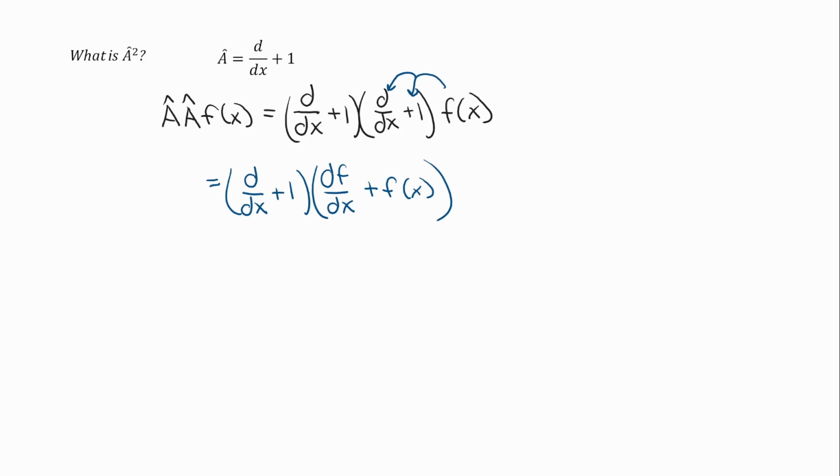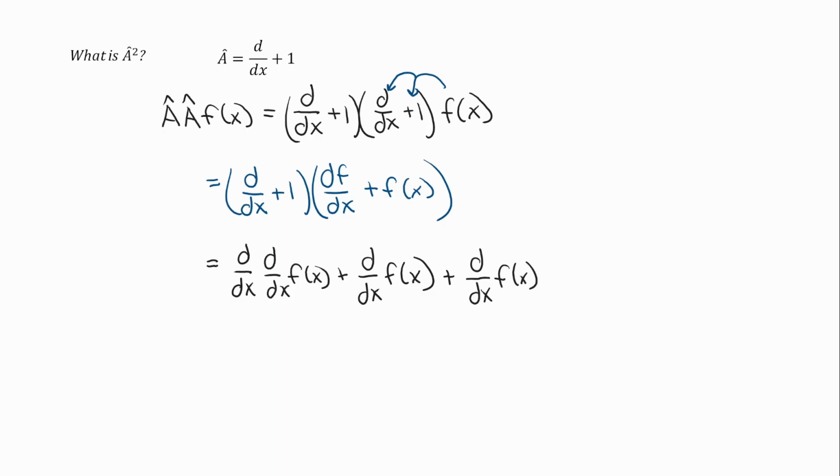Let's not swap around any of our operations. Here we're going to have d over dx times d over dx of f plus d over dx applied on f of x. And now we're going to distribute out our 1, or we're going to get d all over dx applied on f of x plus f of x.